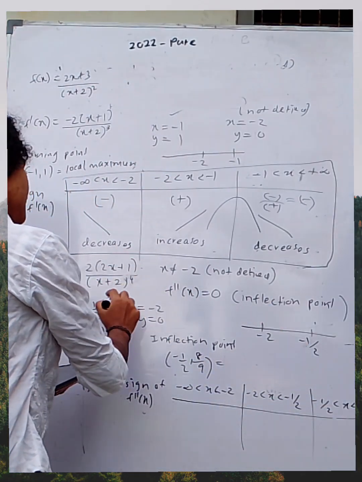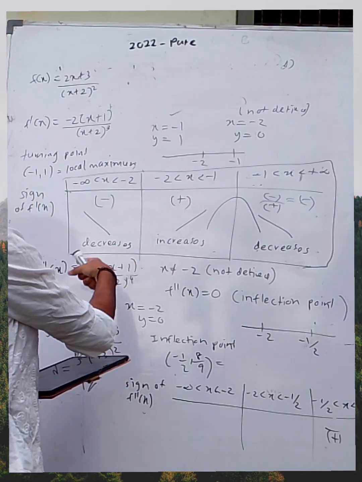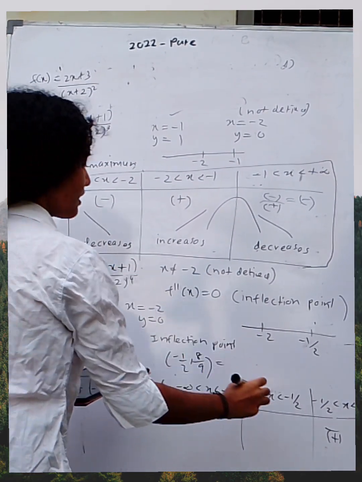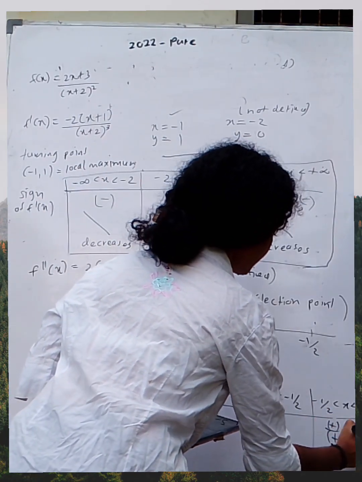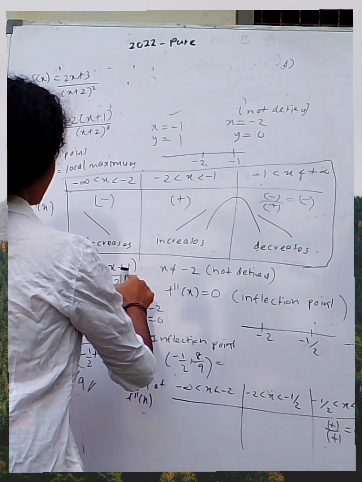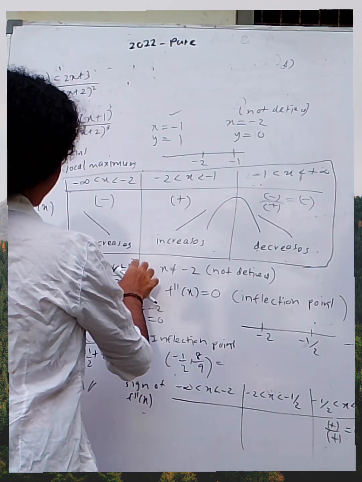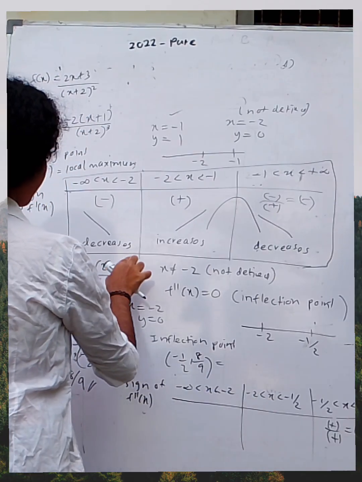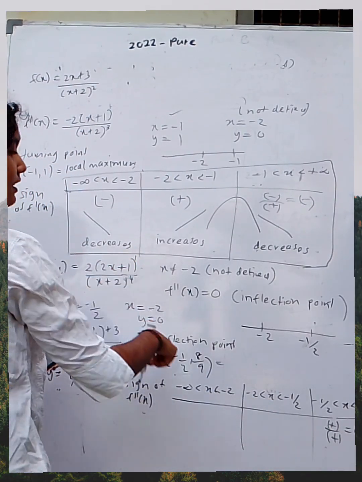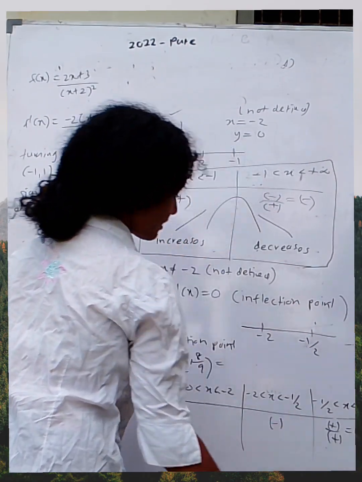For 10 I'll get a positive at the denominator, and the numerator is also positive because there aren't any negative values, so positive divided by positive is always positive. Now I look at the powers. Minus half is available in this part, and its power 1 is odd, hence the sign will reverse. I'll get the opposite sign, that is negative.